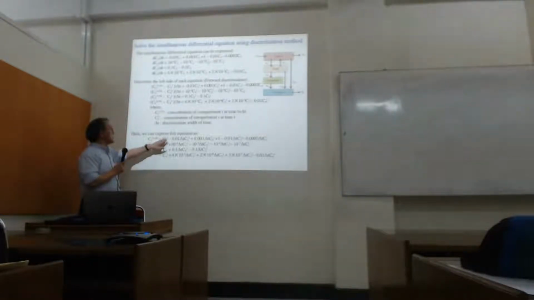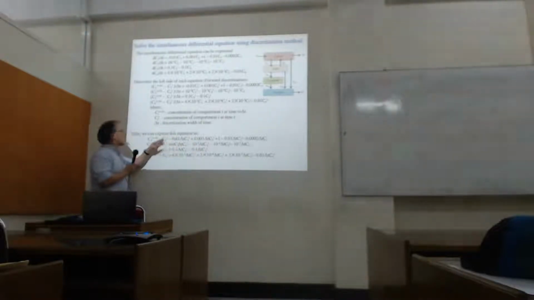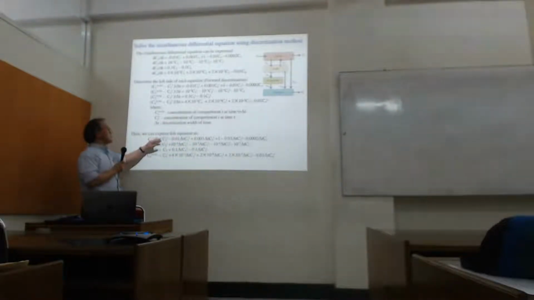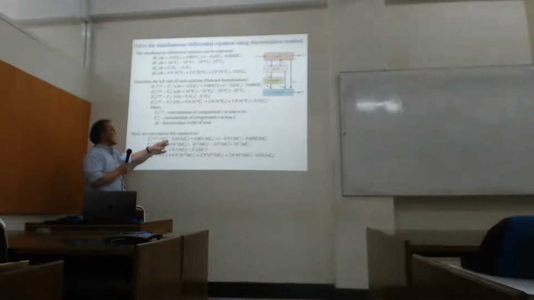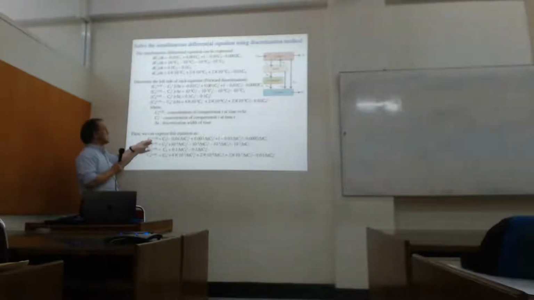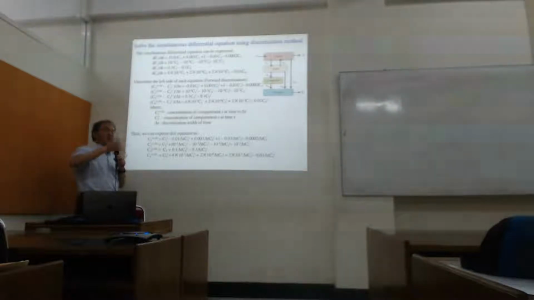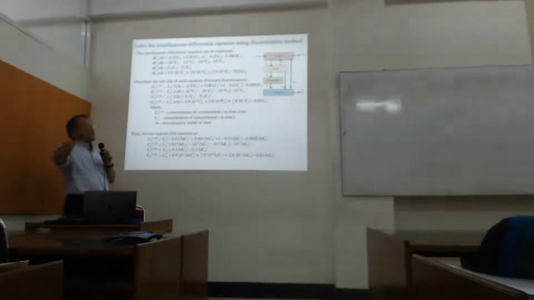If you use the t plus dt values, you can calculate the t plus 2 delta t values. And if you insert those values into these equations, you can calculate the t plus 3 delta t values. Just like that.